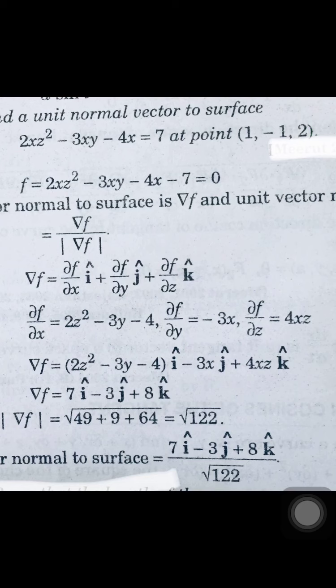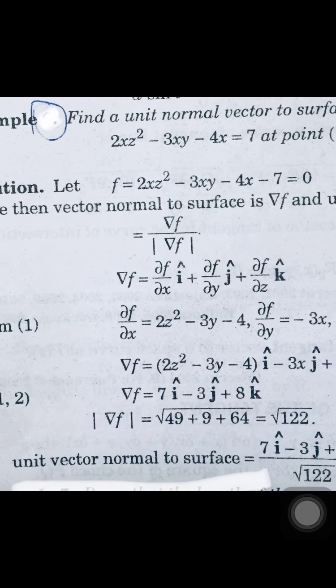We get del f is 7 i cap minus 3 j cap plus 8 k cap, and mod of del f is nothing but under root of square of 7, that is 49, square of minus 3, that is plus 9, and square of 8, that is 64, that is total under root 122.